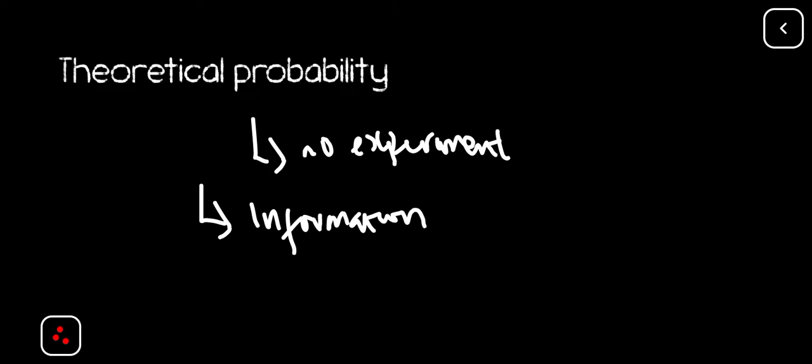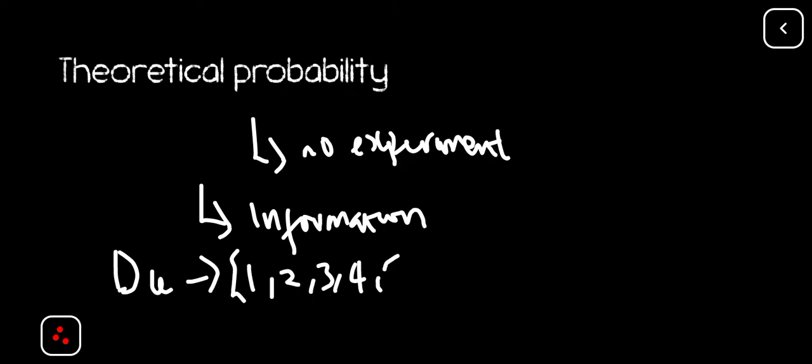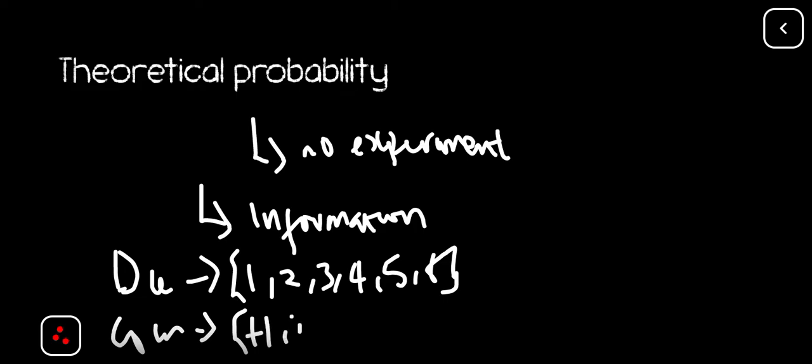It's just for you to understand the information, and you should know basic things like the sample space for a die, having one, two, three, four, five, and six, and for a coin having head and a tail. Yeah, these are just basic things you need to know.